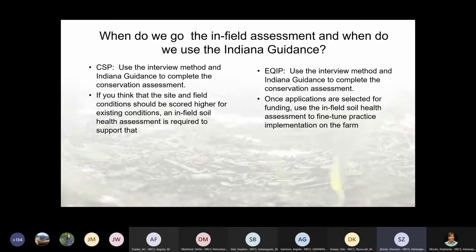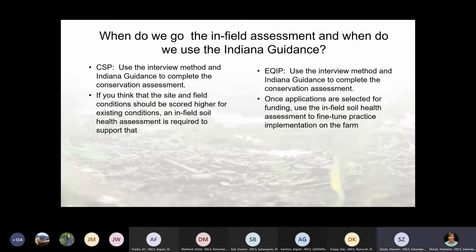For CSP, again, we'll do that in the in-field verification process so that we tailor those enhancements, those practices specifically to address the resource concerns as identified by the soil health assessment that Stephanie taught you how to do.